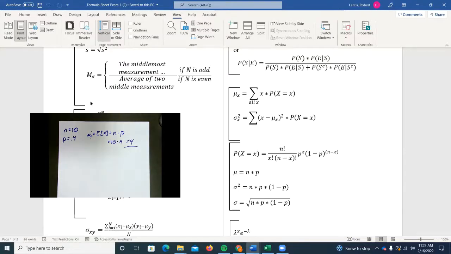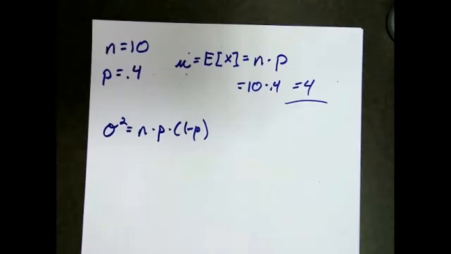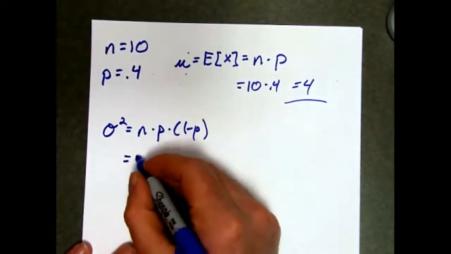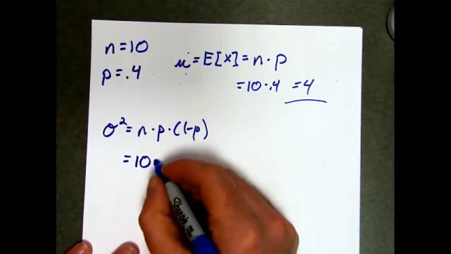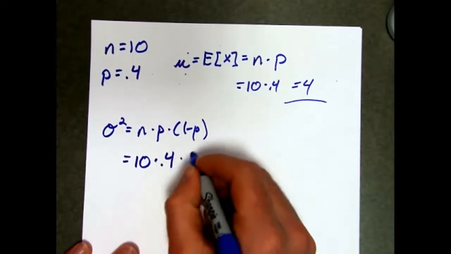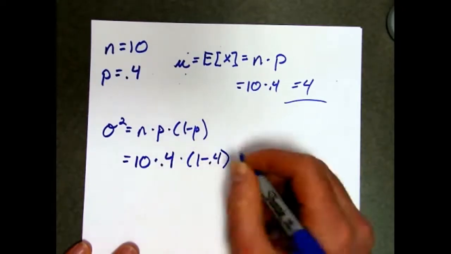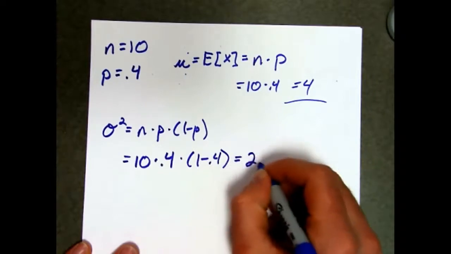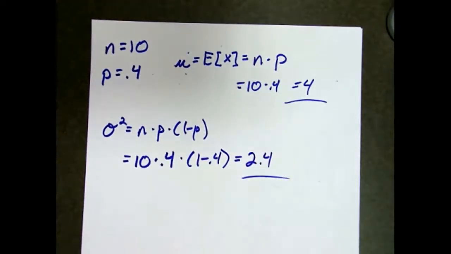Should be a relatively easy question, another one where you can get some easy points. All right, I want to find the variance. Well, that's just n times p times 1 minus p. Just jotting that down from the formula sheet. So for us, 10 was my n, times 0.4, times 1 minus 0.4, and we should get 2.4 for the variance.